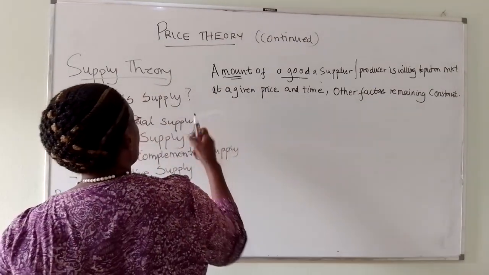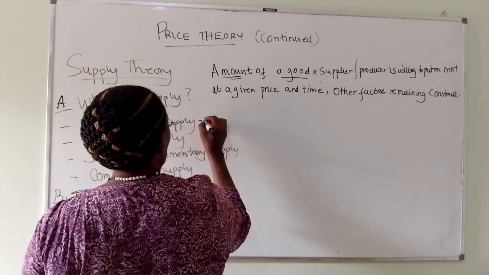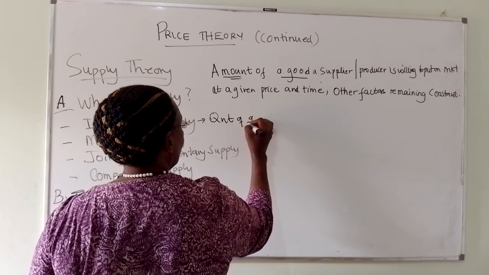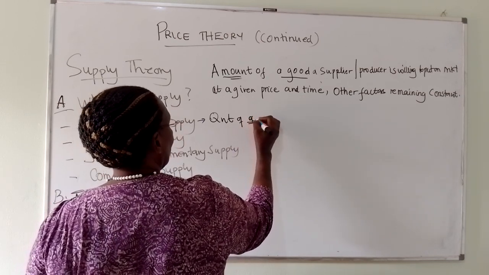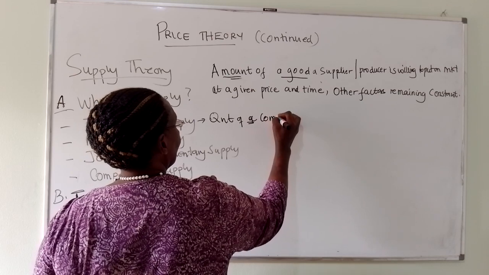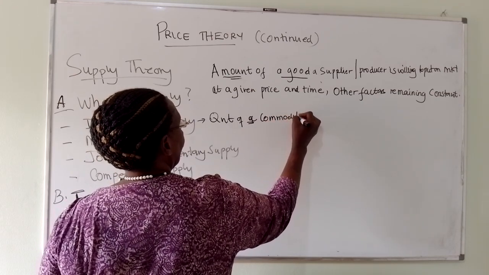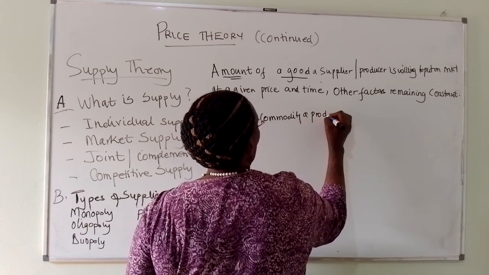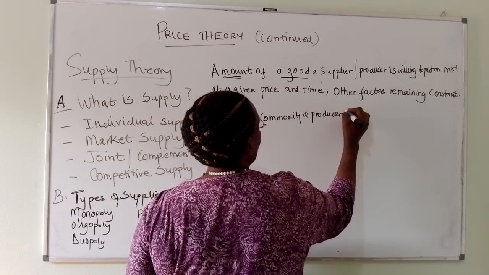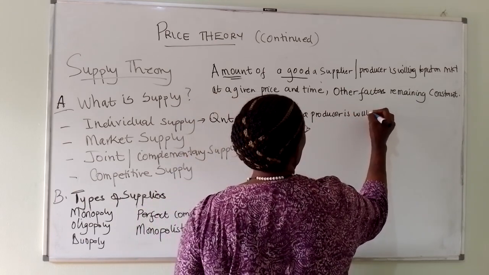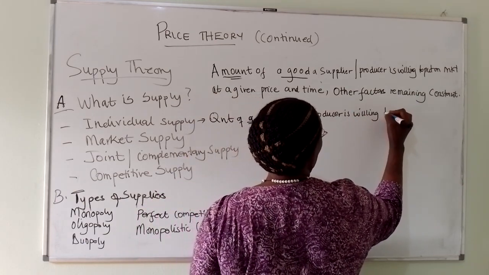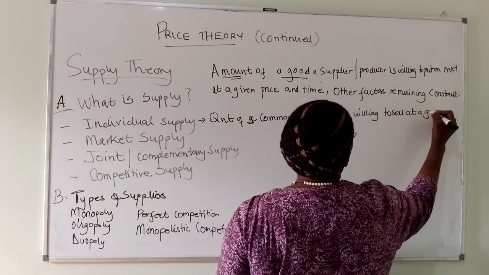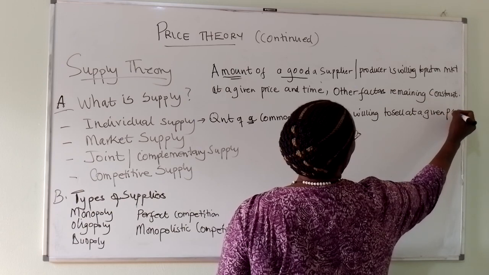So quantity of not many, but just one. Quantity of a commodity a producer is willing to sell at a given price and time.